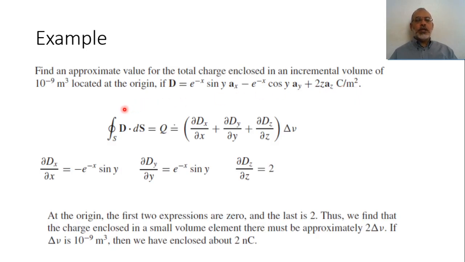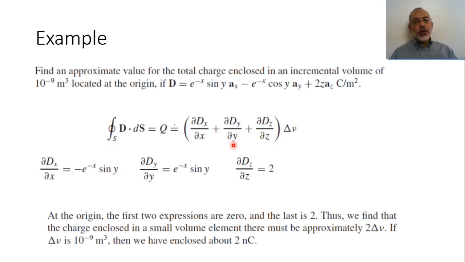According to Gauss law, we say that the integration over a closed surface D dot dS equals the charge enclosed. But here we don't have the enclosed surface; we have the volume. So instead of going from the integral form of Gauss law, we can say that the divergence of D would equal rho v.